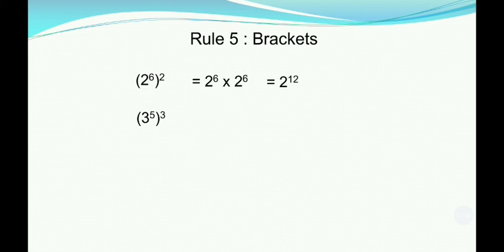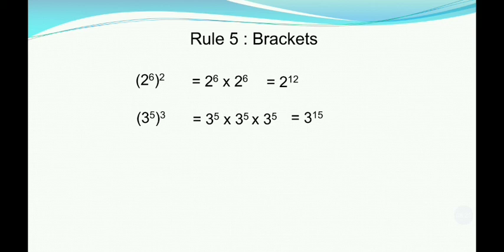Coming to the next example, 3 to the power of 5 whole cube. You can write it as 3 to the power of 5 into 3 to the power of 5 into 3 to the power of 5. You can just multiply it 3 times. So you will get 3 to the power of 5 plus 5 plus 5, that is equal to 3 to the power of 15. There is one more method to solve this.